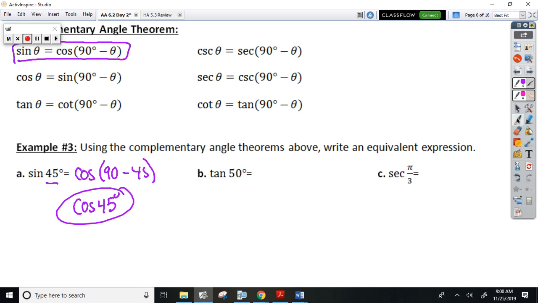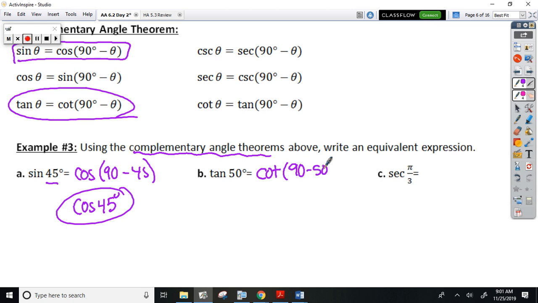Okay, the next one is tangent of 50. And again, they tell you to use these theorems this time, not the ones on the top, just the complementary angle theorems. So this time we're going to use the tangent equals. So this would be equal to the cotangent of 90 minus 50, which is the cotangent of 40.